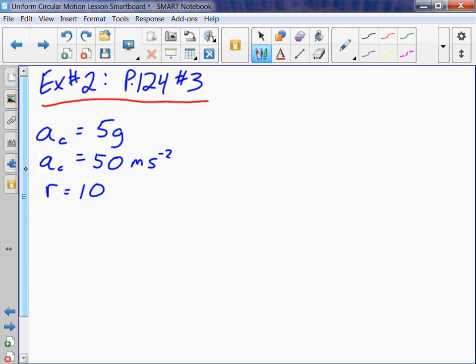5 Gs is literally 5 times 10, our gravitational constant, 10 meters per second squared. The textbook wants us to use that. Wants us to use what? 10. Yeah, that's why I use 10, instead of 9.81. 10 meters per second squared, yeah. Oh, this is 10 meters. Yeah. And so now we just have to solve for f, the maximum frequency.